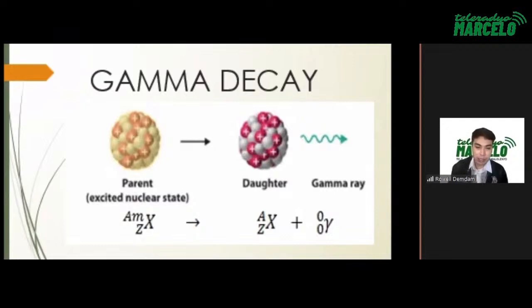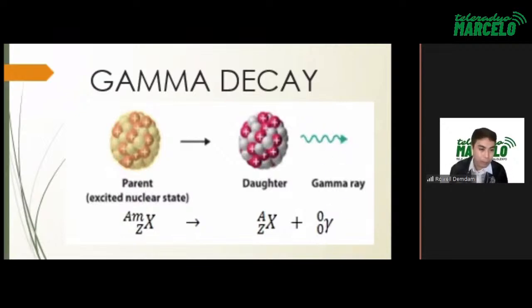As can be seen, if an atomic nucleus undergoes gamma decay, the atomic mass and nuclear charge of the daughter nucleus remain the same. Take note that the daughter nucleus will form a different energy state of the same element. That is why there is a superscript M to indicate that the parent and daughter nuclides are nuclear isomers, which means that they are the same isotope but in a different energy state.